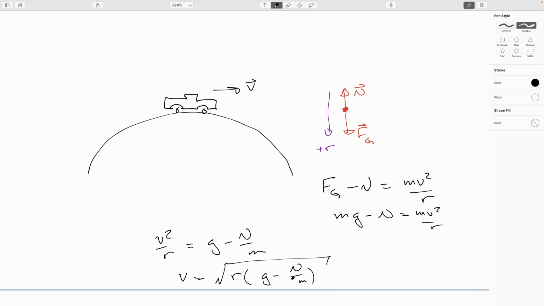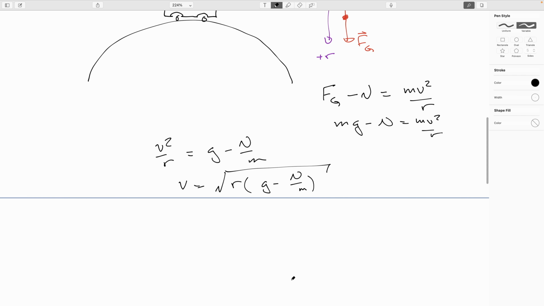Well, the way we make this bigger is to make the normal force less and less. But again, the smallest n can be is 0.